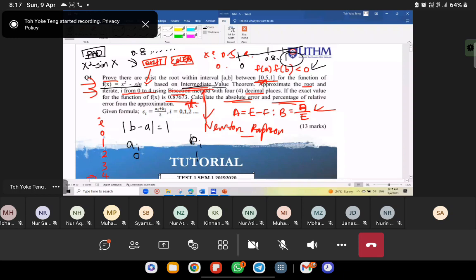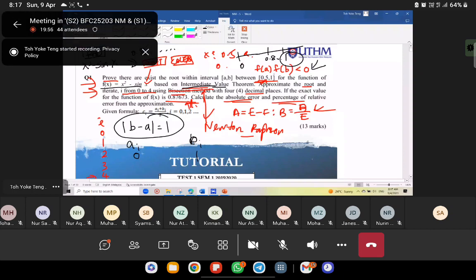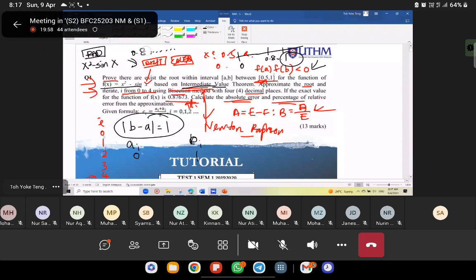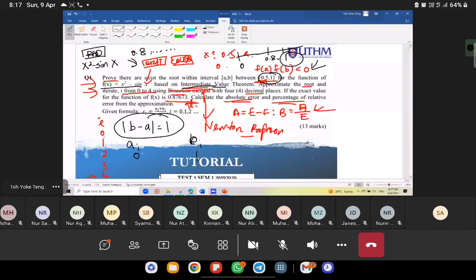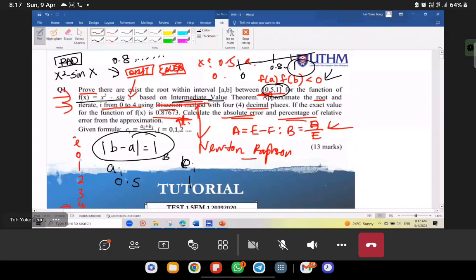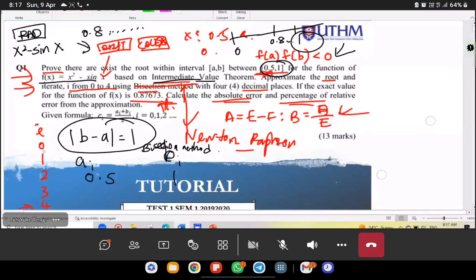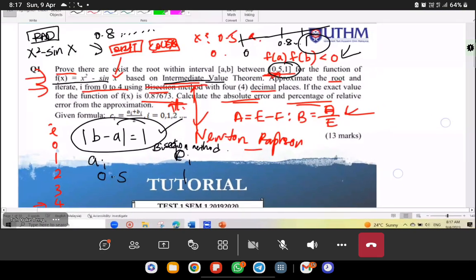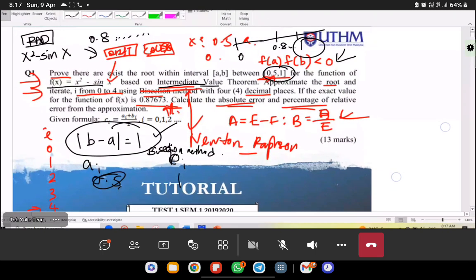Since here it didn't mention the conditions, you may just refer to the interval as given here, 0.5 to 1, to proceed with the calculation for the bisection method. Remember that if the condition is given, please use 0 to 1, since that fulfills the condition that the difference equals 1.